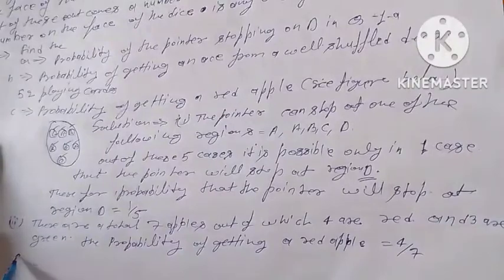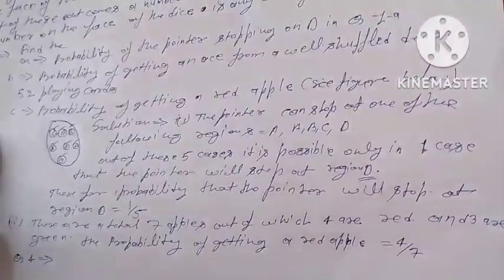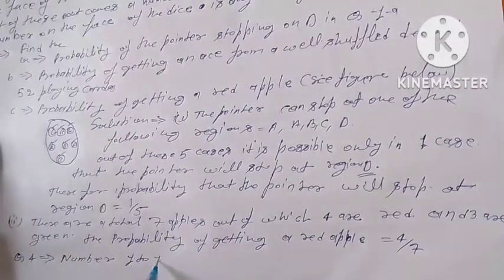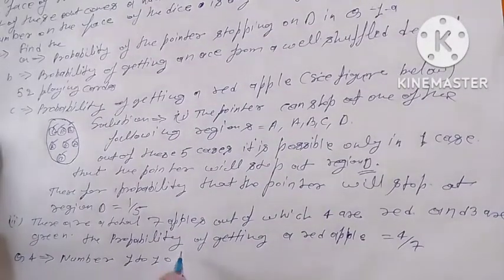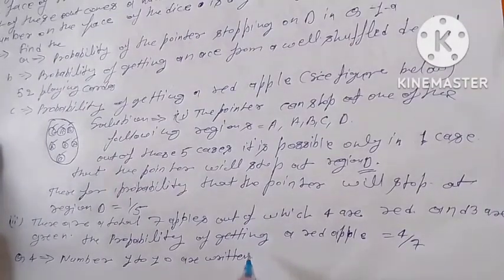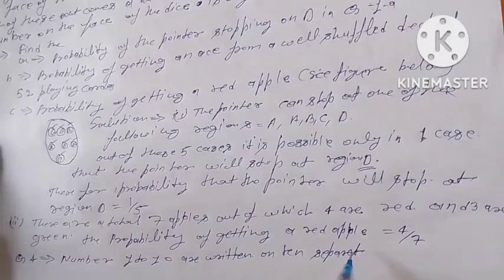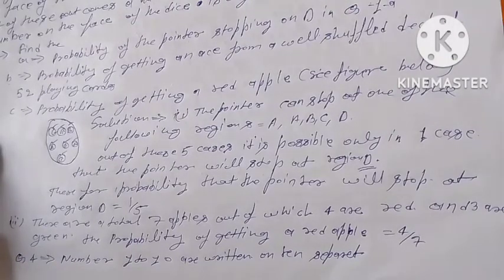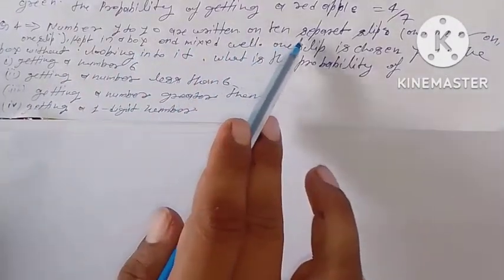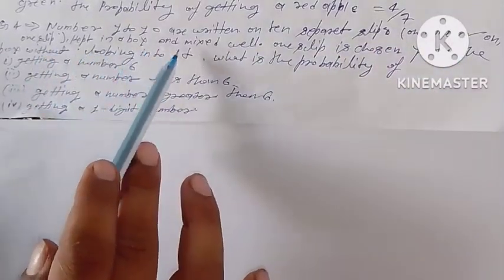Okay. Question number 4. Numbers 1 to 10 are written on 10 separate slips, a number on one slip, kept in a box and mixed well.